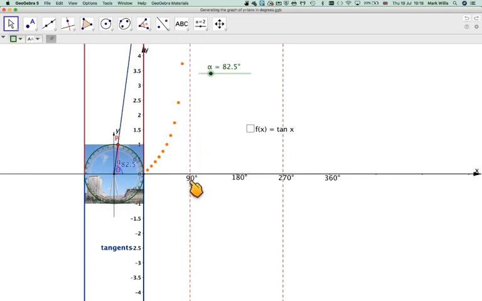This line is called an asymptote, where the curve gets very close to it but never actually touches it. So at 90, the tan is actually not defined.